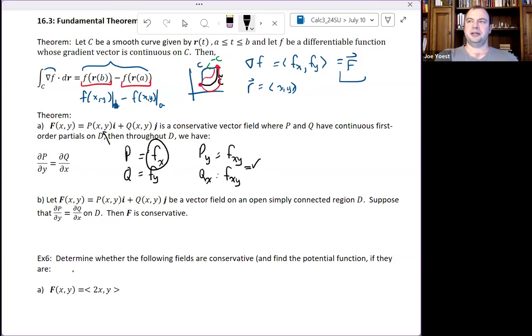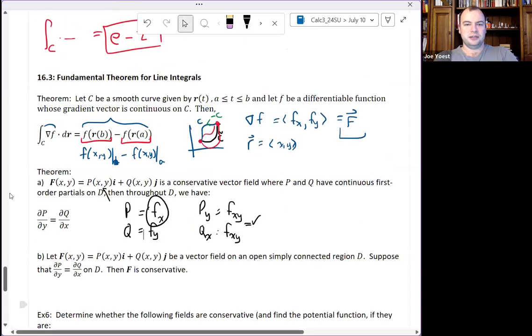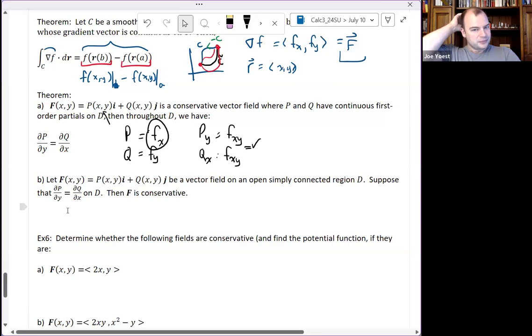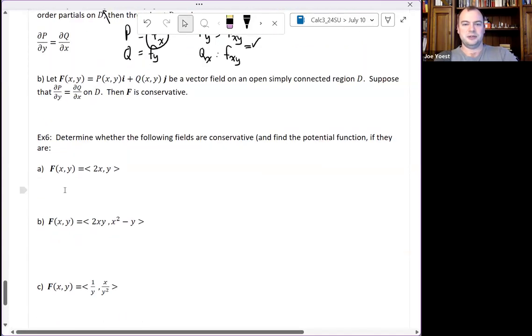In single variable calculus, when I want to use the fundamental theorem of calculus, I look at my integrand and I say, do I know a function whose derivative is this integrand? What I'm looking at here is basically saying, do I know a function whose gradient vector field is this vector field? That's the correspondence.